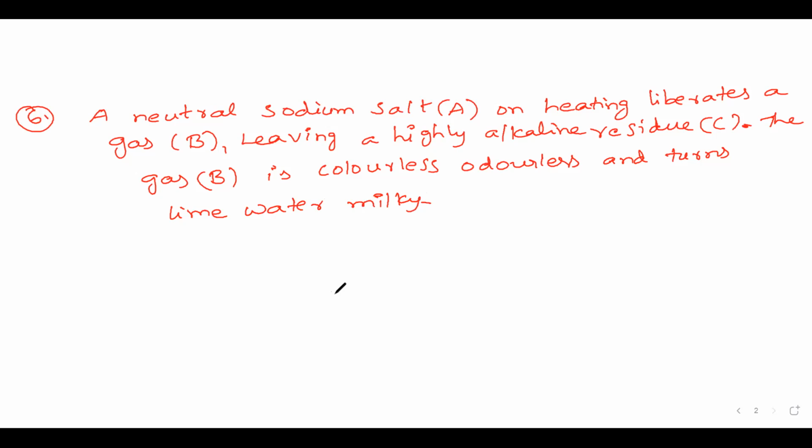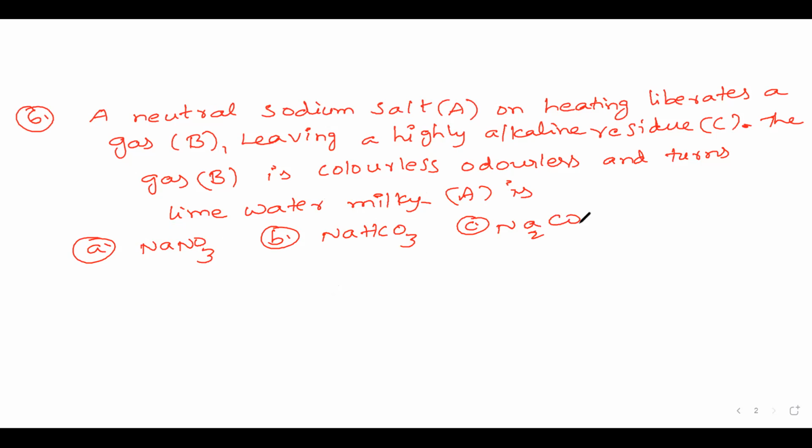That is the only hint they have given. Now they are asking which salt it is. Option A is sodium nitrate. Option B is sodium bicarbonate. Option C is sodium carbonate. And option D is sodium chloride.